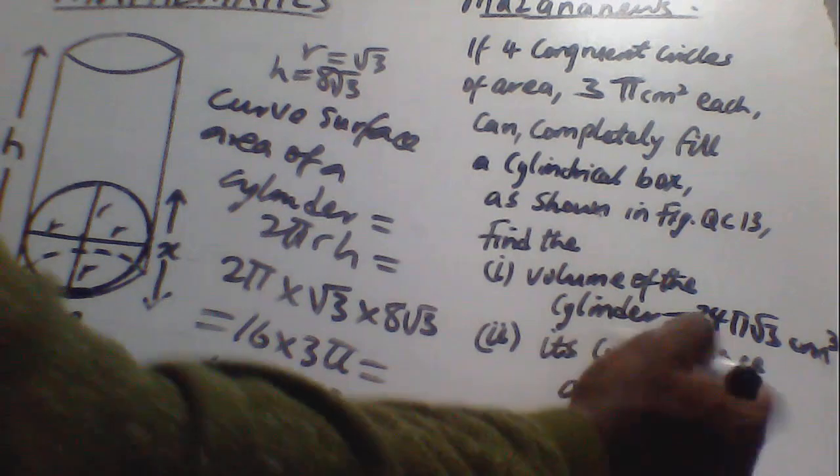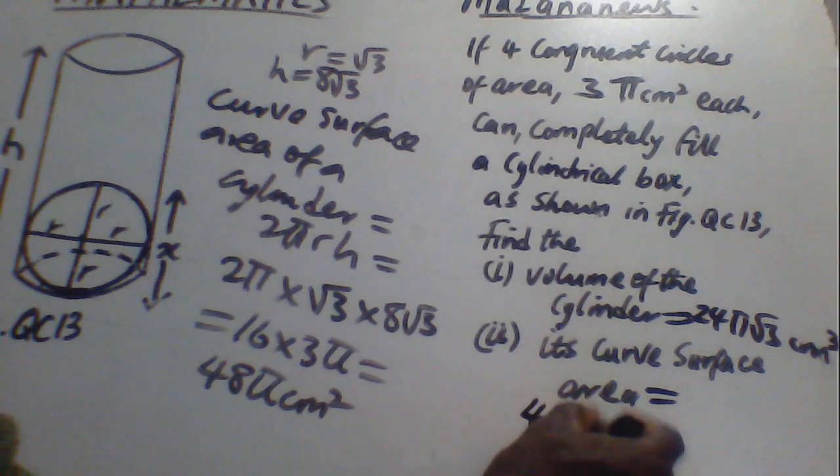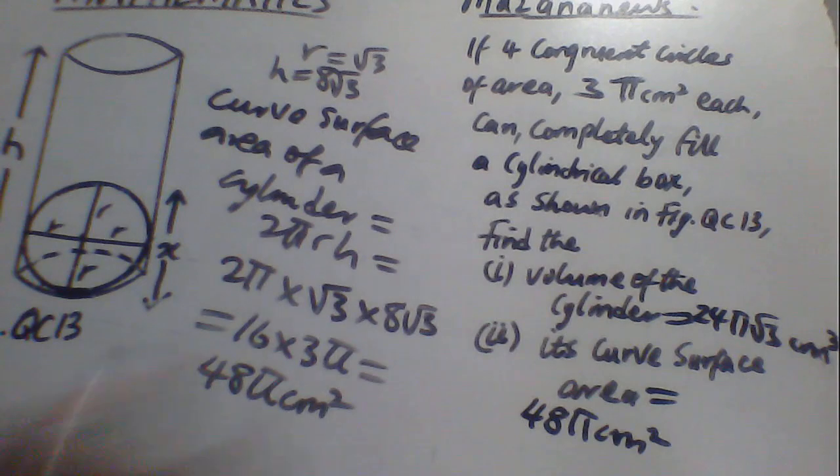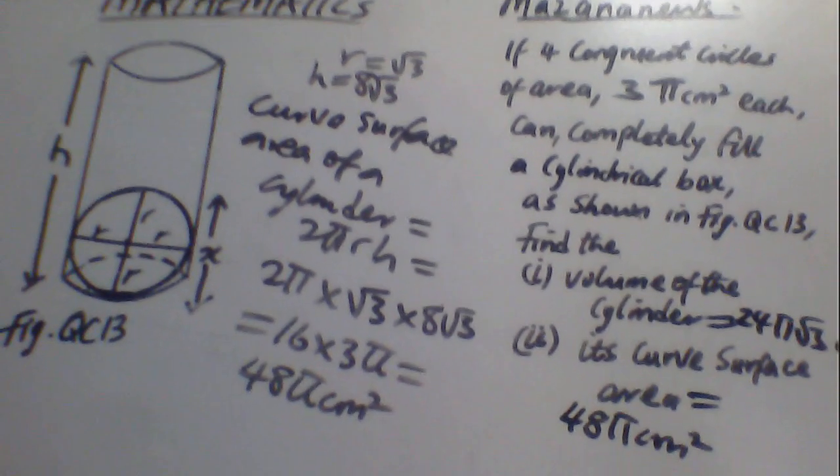So the curved surface area is 48 pi cm squared. This is the solution to the given questions.